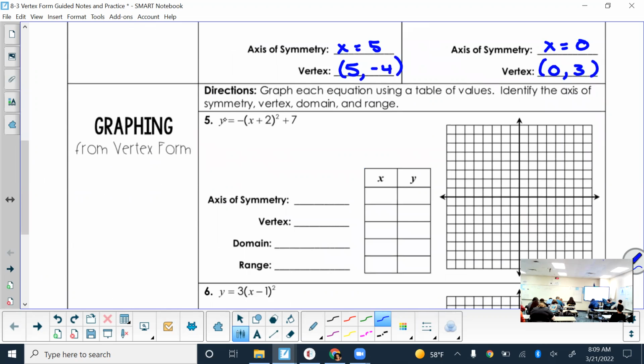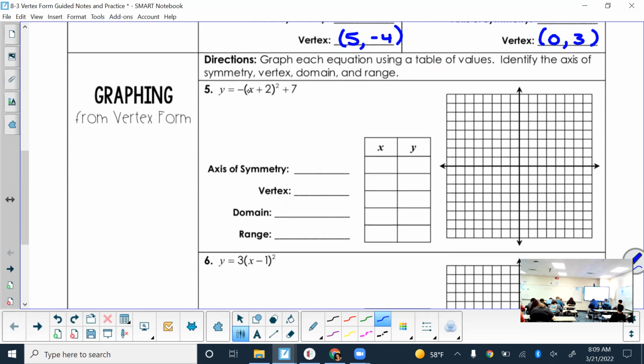All right, but you see that the given equations in number 5 are in vertex form, so we're going to graph them. Graphing in vertex form is really similar to graphing in standard form. First, you're going to want to find the axis of symmetry. If you're a step-by-step person, I would write down these steps in the margin too.